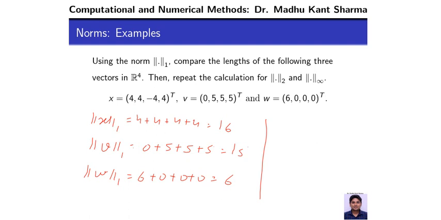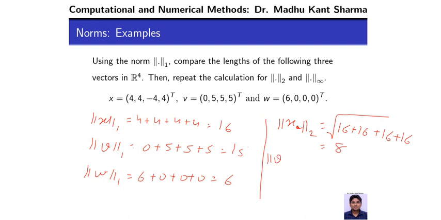Now if I wish to calculate the 2 norm of x, it is the square root of the sum of squares: 4 square, 16 plus 16 plus 16 plus 16, so 64, that is equal to 8.